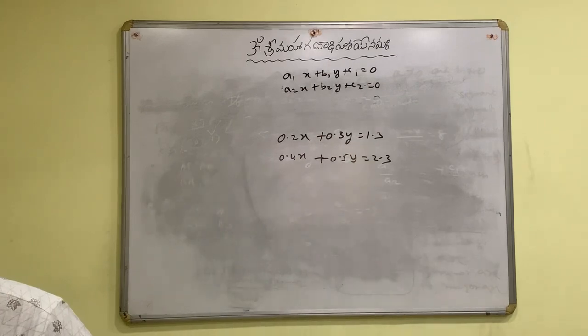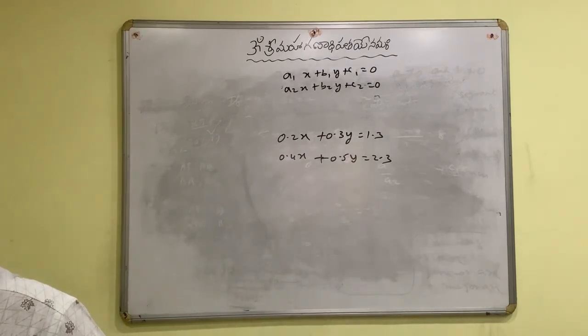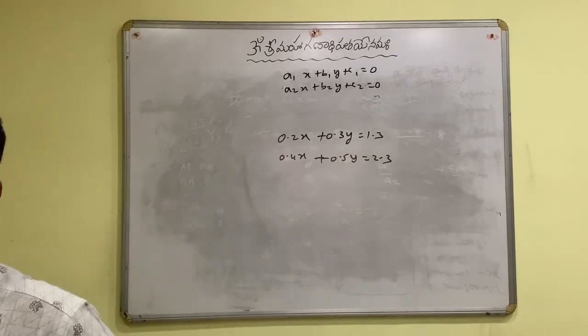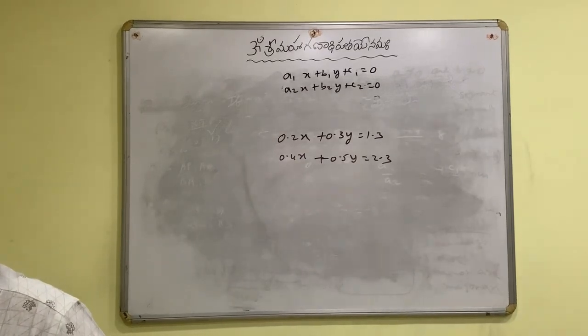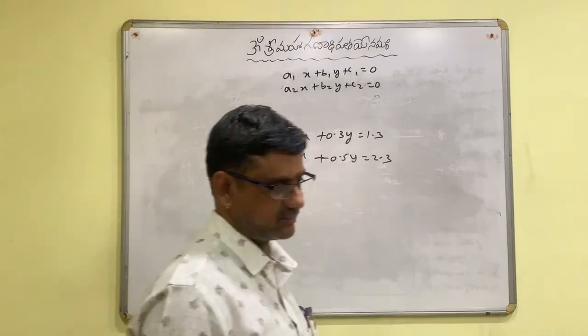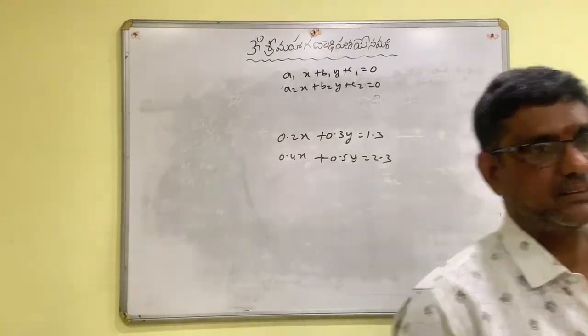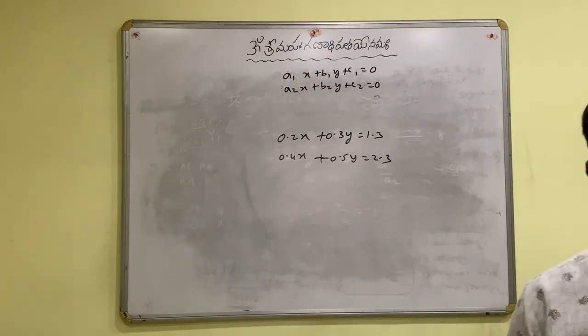What is A1 by A2? One by 2. B1 by B2? B1 by B2 is 3 by 5.